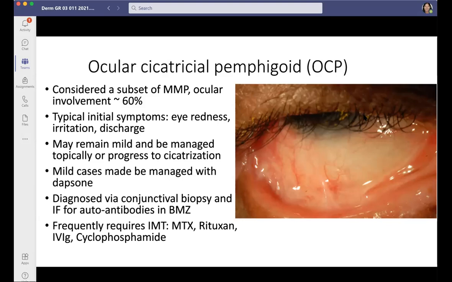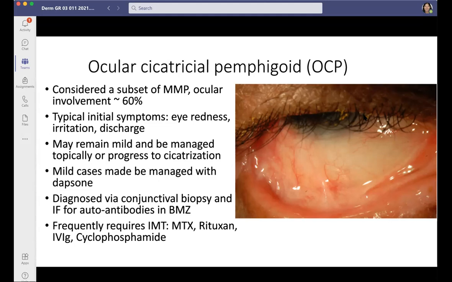And then we diagnose this on the eye surface with a conjunctival biopsy, and then we do immunofluorescence for the autoantibodies. When I was in Boston, we did all of that ourselves. We did the biopsy, we did all the pathology. We had samples sent to us from all over the country and even all over the world where people strongly suspected OCP, but their pathology result was negative.